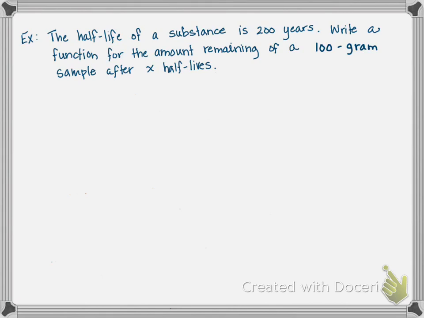In this case, they say the half-life of a substance is 200 years. We're starting with 100 grams. That means after 200 years, 50 grams will be left. So we lose half of what we started with in 200 years. Notice that x is the number of half-lives.